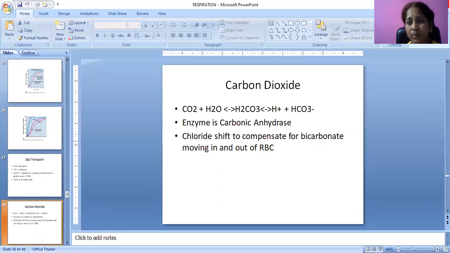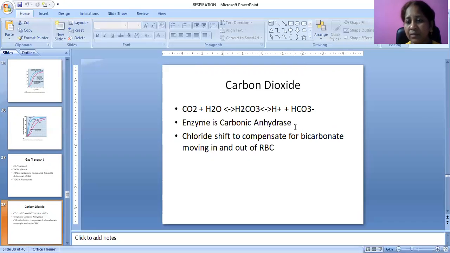As we all know, carbonic acid is a weak acid, so it immediately dissociates into hydrogen ion and bicarbonate ion. This process is sped up by the enzyme called carbonic anhydrase.